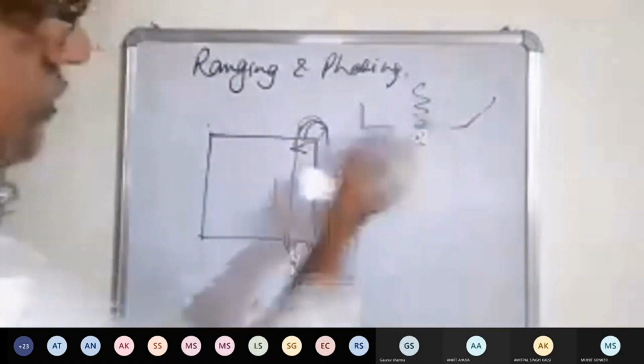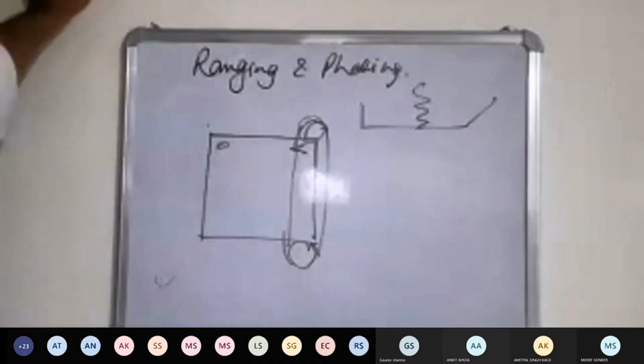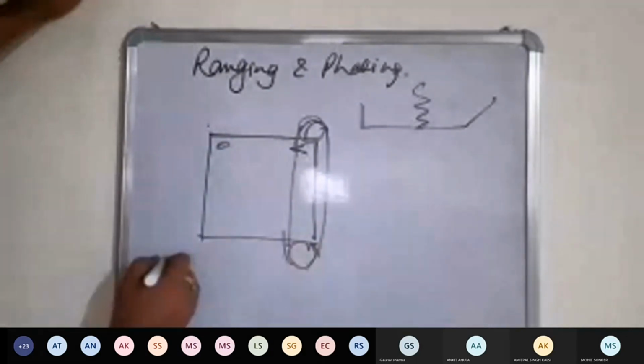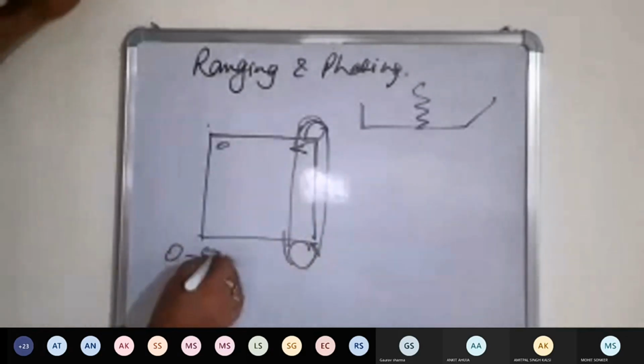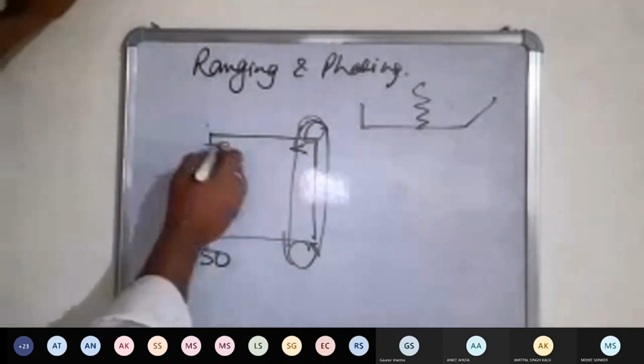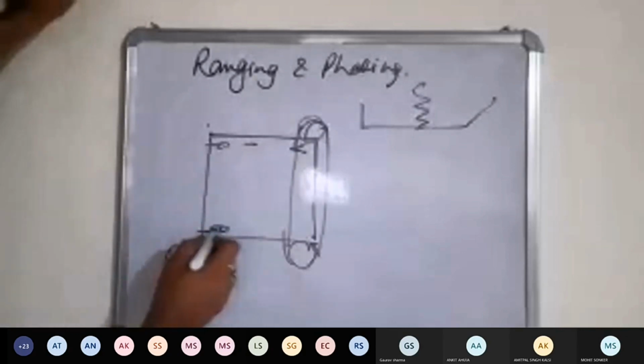When the transmission is just beginning, the stylus is at 0 point. Supposing you are in range 1, अलग अलग range scale होती है. So let us say the range is 0 to 50. पहला range is 0 to 50 meters. That means this point, the top of the paper is reading 0. This is reading 50 meters.